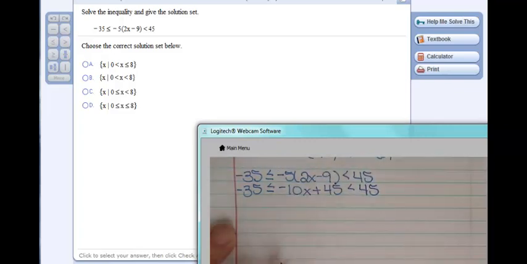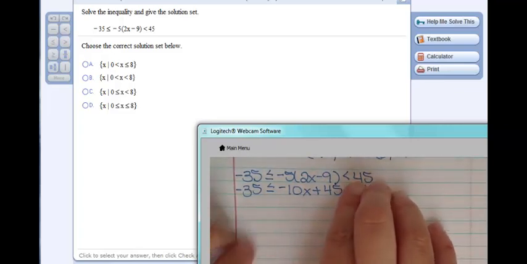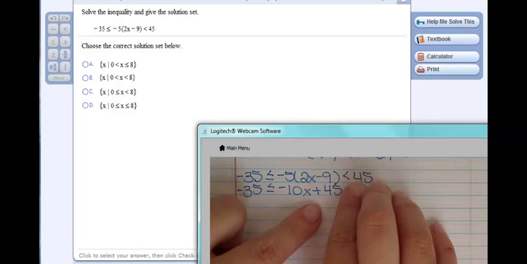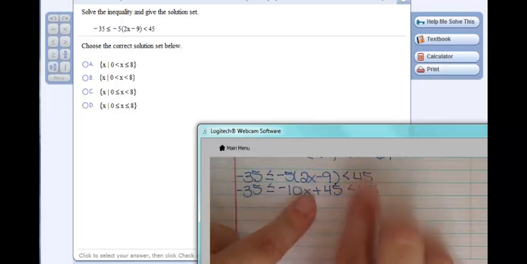Now, if we didn't have this part over here, that 45 part, the next step that we would do is we'd subtract 45 over, right? So we can still do that, but instead of just making sure we do it on both sides, we have to do it on all 3 sides.